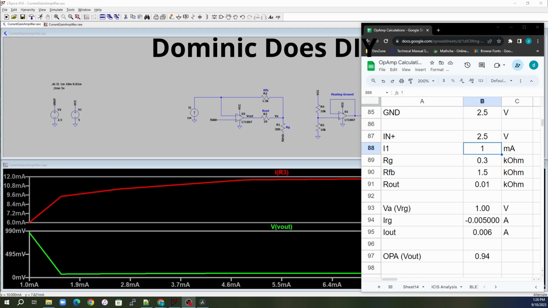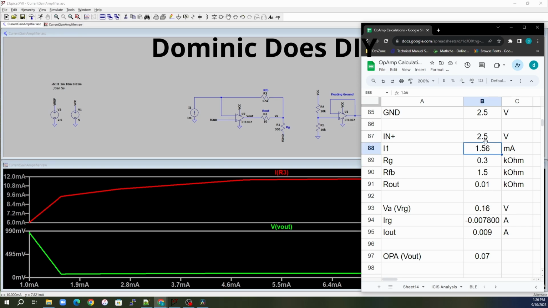I also created a spreadsheet just to be able to calculate this stuff out. It's all those formulas that were earlier in the video. So if you want to go back and look at that, you can make this same spreadsheet. We can see here that the output of our op amp is calculated right there. If I put 1.55 milliamps there, you can see I'm starting to get close to 0 on the output of my op amp, and that's where it's going to start to fail, right?